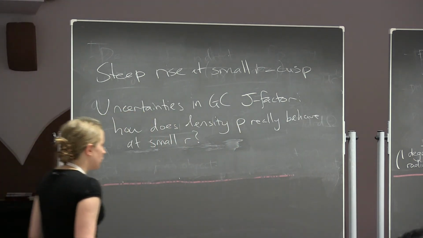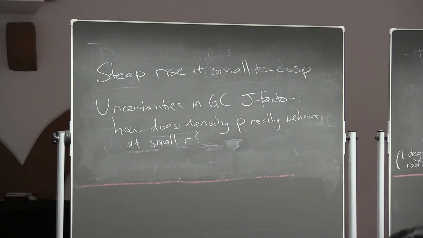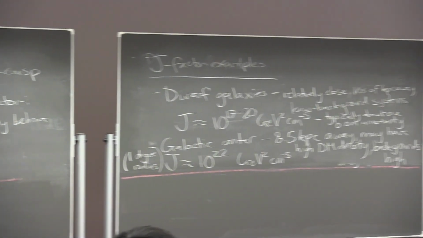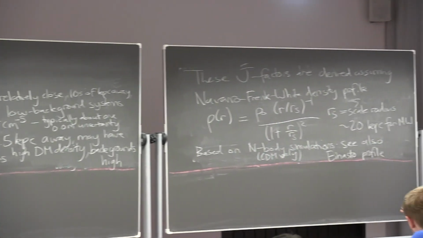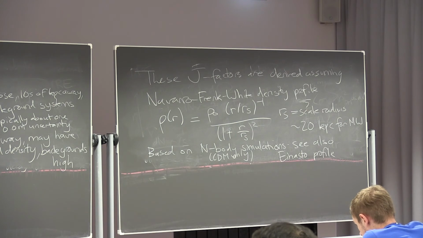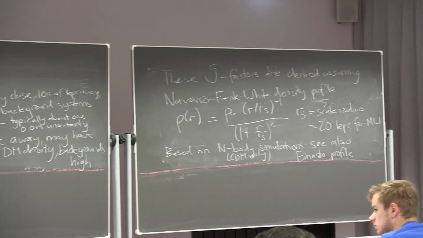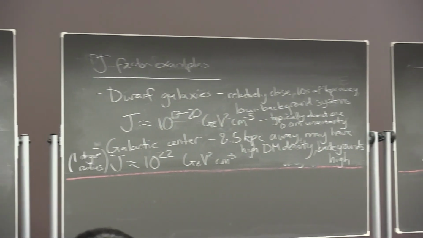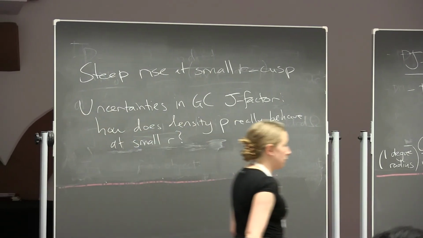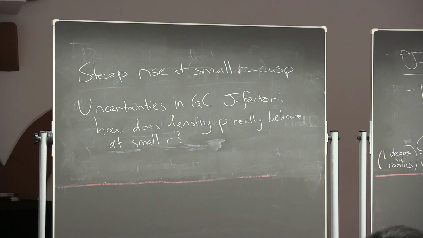So this question of how the density really behaves at small r is based on n-body simulations which only contain collisionless cold dark matter and have no baryons in them. There is some evidence, mostly from dwarf galaxy-sized halos, that these cuspy profiles might fail observationally at small radii.